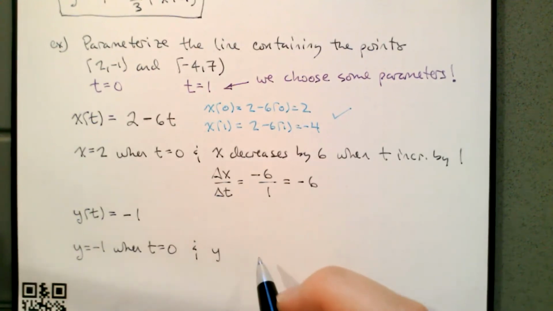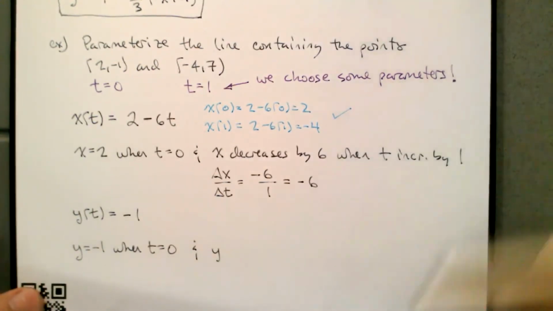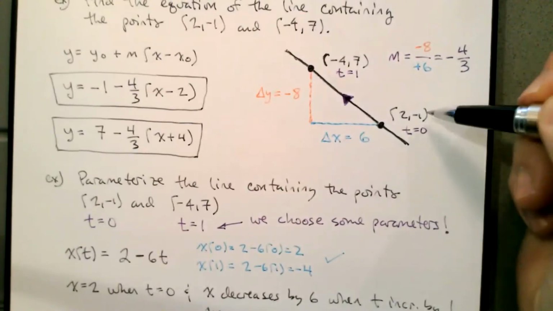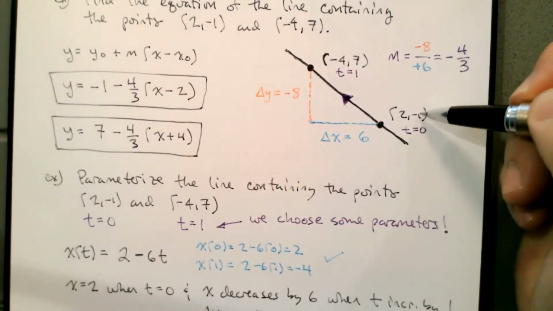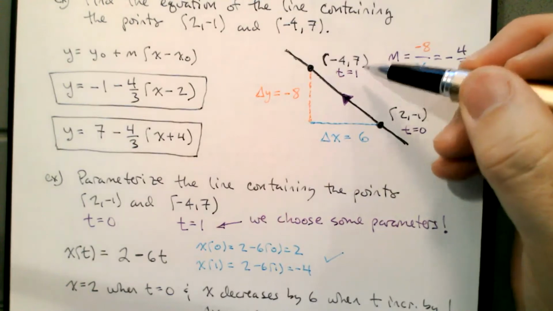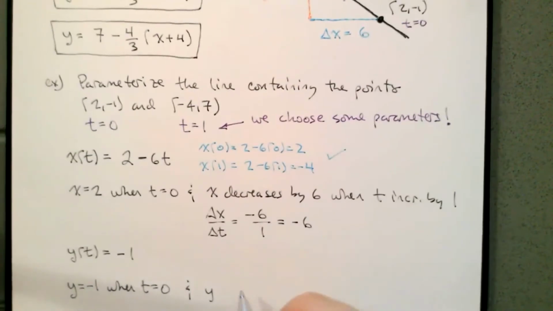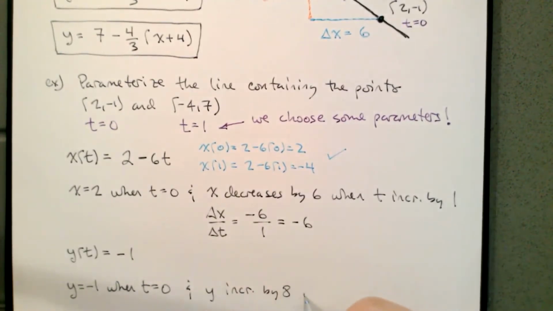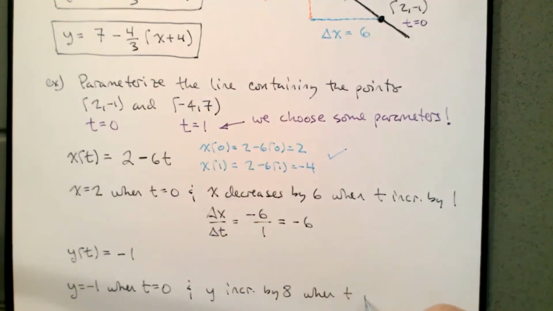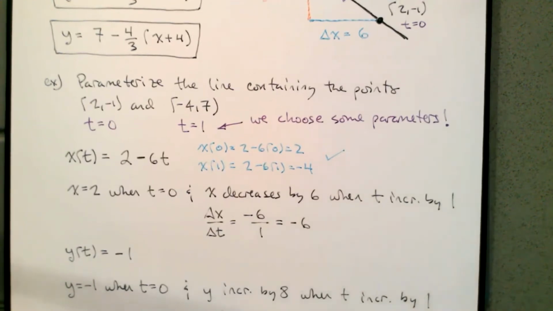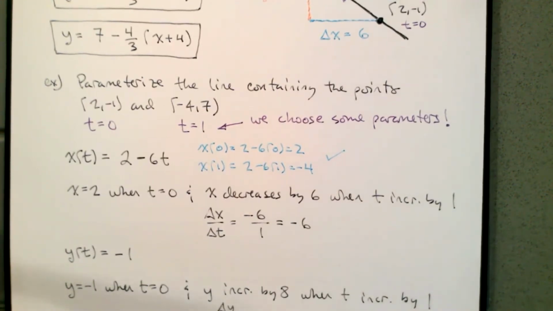When t is equal to 1, y has gone up to 7. So y has increased by 8. So y increases by 8 when t increases by 1. So our delta y over delta t, our change in y, is 8 when t increases by 1.